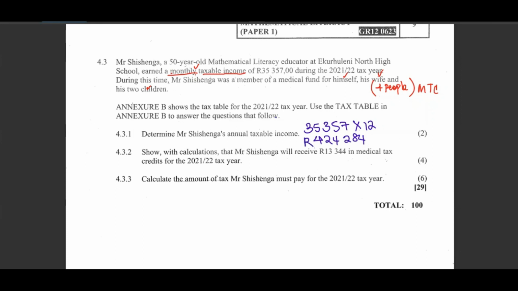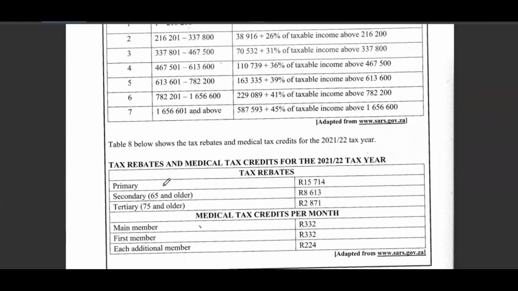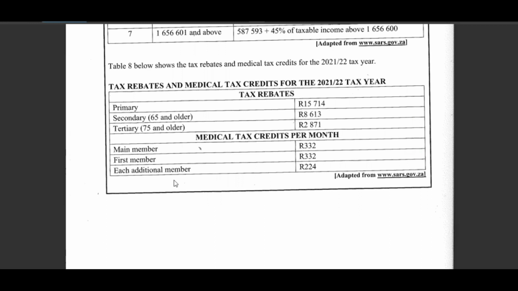Now show with calculations that Mr. Shishenga will receive 13,344 in medical tax credits. Remember, the medical tax credit will depend on the number of people on medical aid. So we have 4 people on medical aid. Since there are 4, we are looking at this. The first member has to pay 320, plus the next person also pays the same.